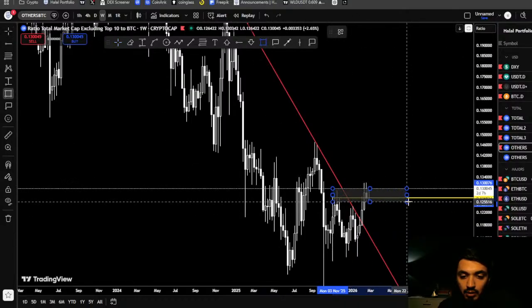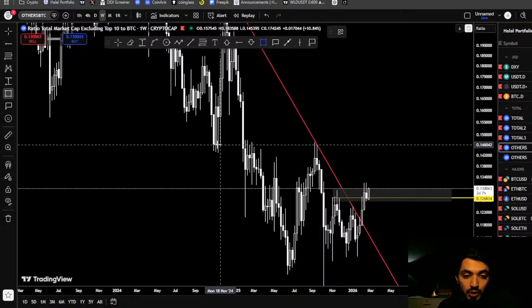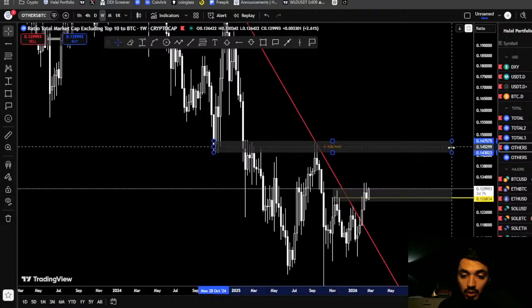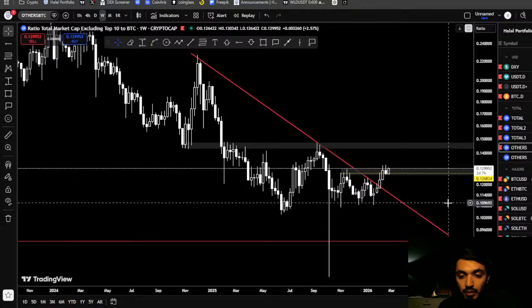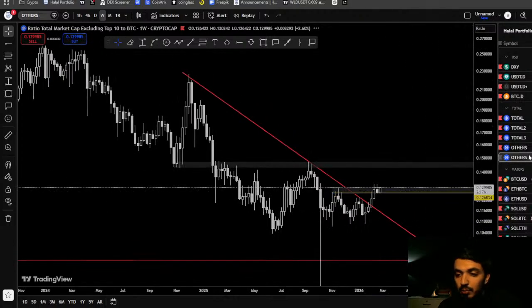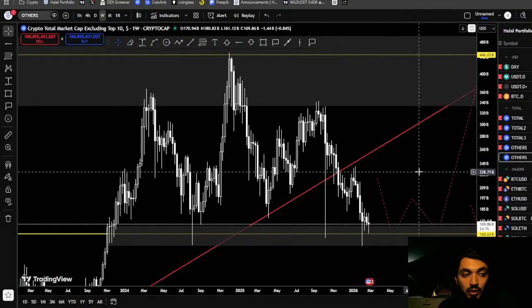resistance yet. But once it does, and Bitcoin is bullish, we can expect all the altcoins to absolutely go crazy up. That's what I expect. But for now, because Bitcoin is losing, this chart also doesn't mean anything, because Bitcoin is actually the driver of the entire market.